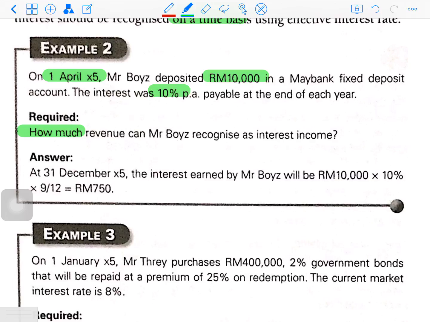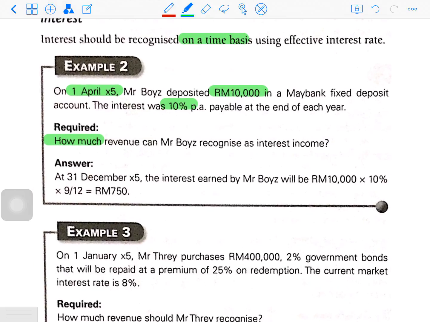The basic rule for interest income is that you have to recognize interest income based on time, kan? Based on time basis. So the answer is, as at 31st December, the deposit was made when?